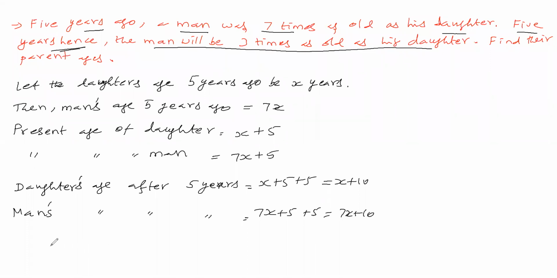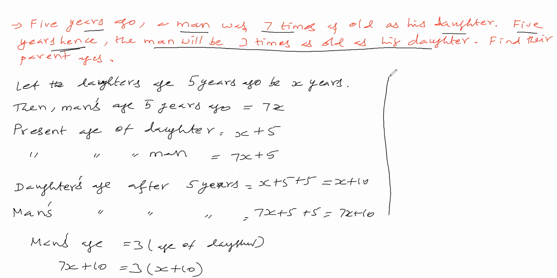So the man's age is equal to 3 times his daughter's age. So the man's age 7x plus 10 is equal to 3 into the age of daughter, which is x plus 10. So we got this relation.